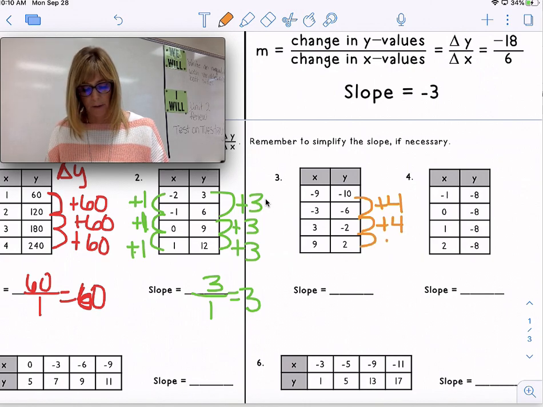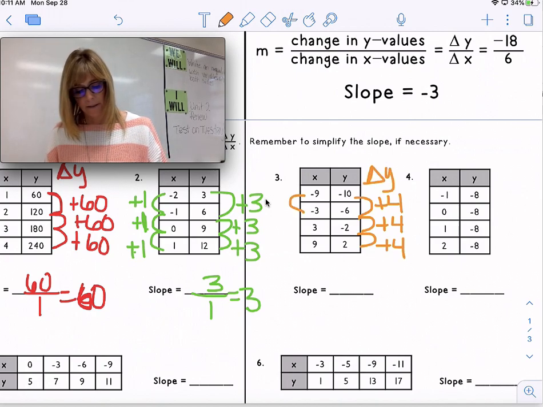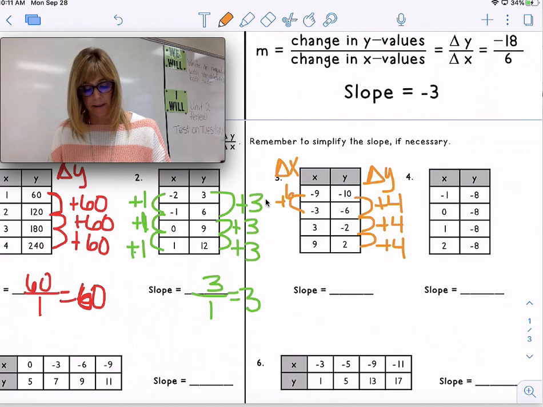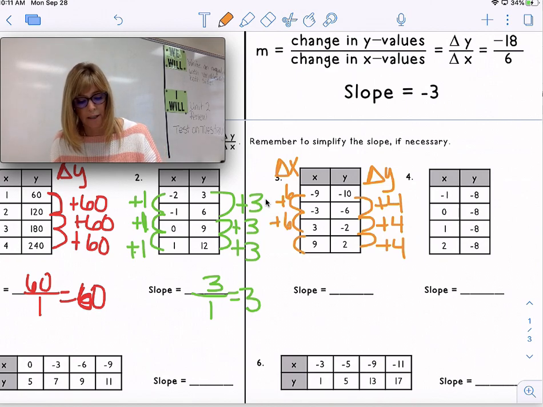And then negative 2 to positive 2 is plus 4. So this is our change in y. And then our change in x is plus 6. Negative 9 plus 6 is negative 3. Negative 3 plus 6 would be positive 3, and then 3 plus 6 is 9.